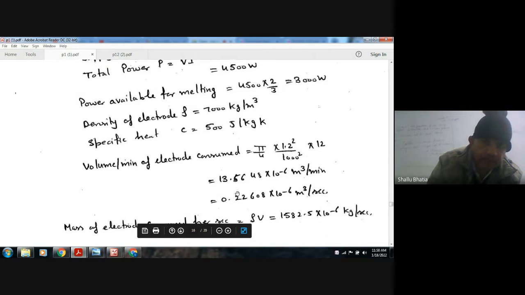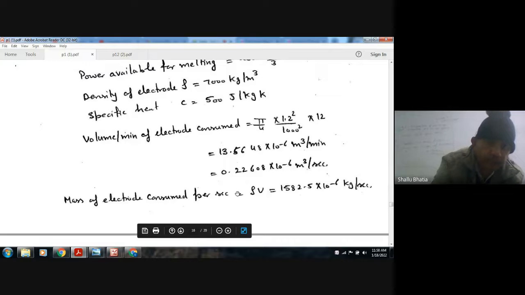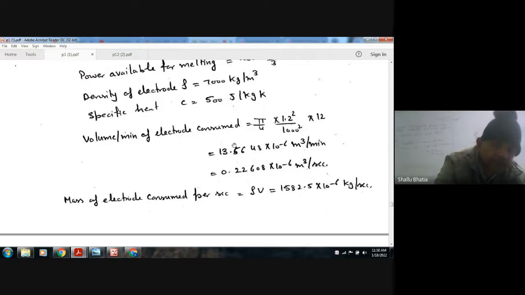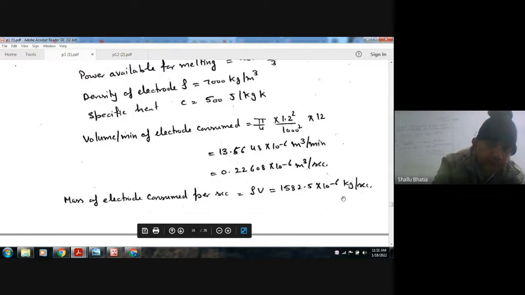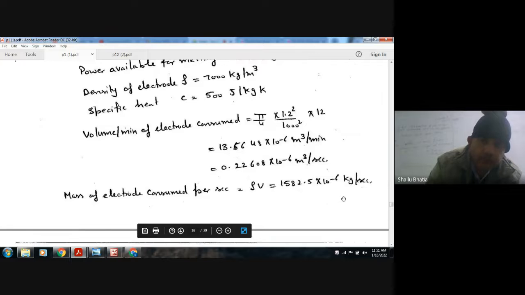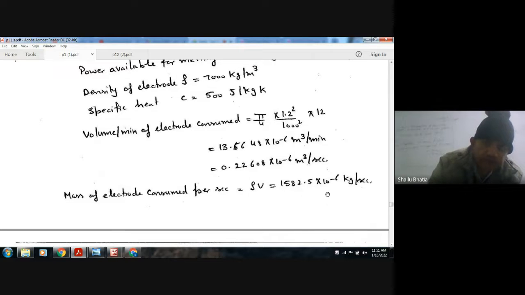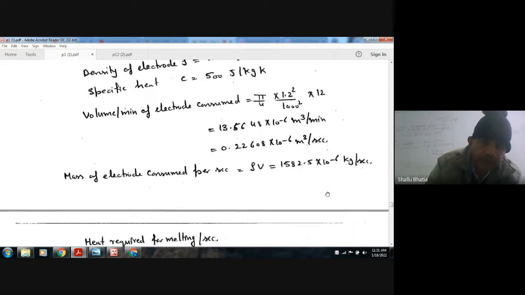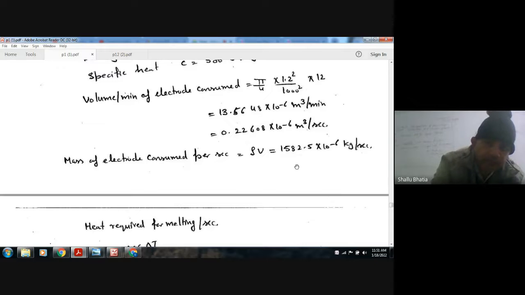The mass flow rate of the electrode per second, if the volume flow rate is per second, is rho times V. Rho is 7000, so it comes out as 1582.5 into 10 to the minus 6. So this is your mass flow rate.